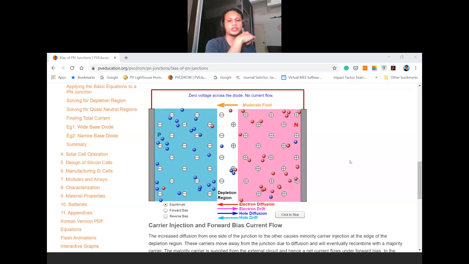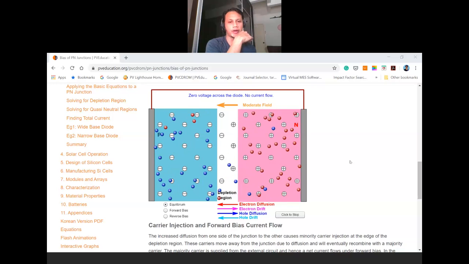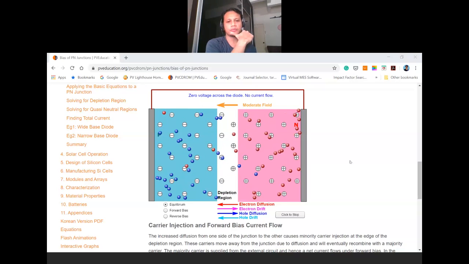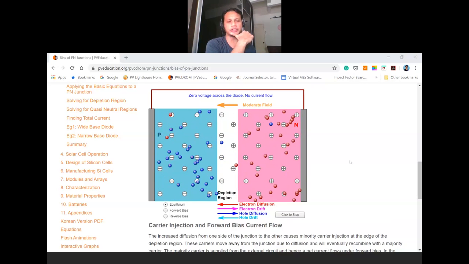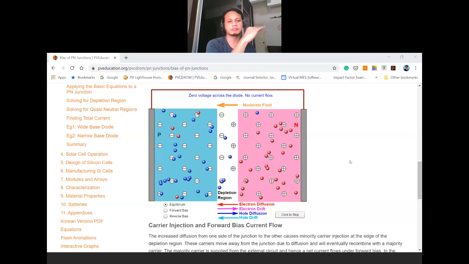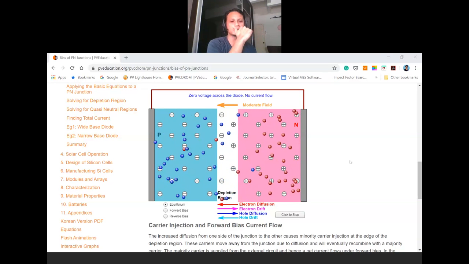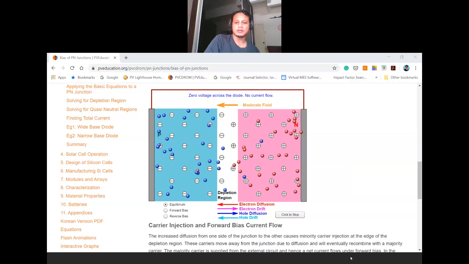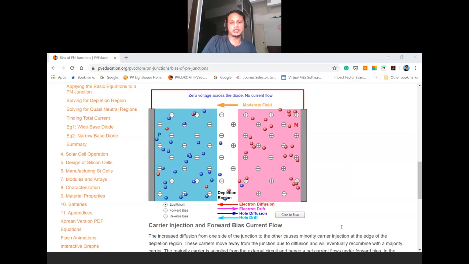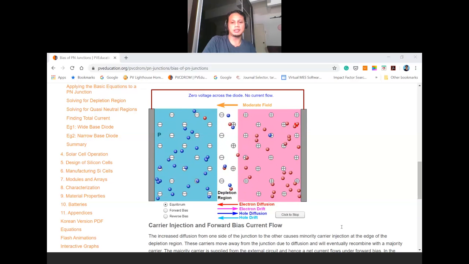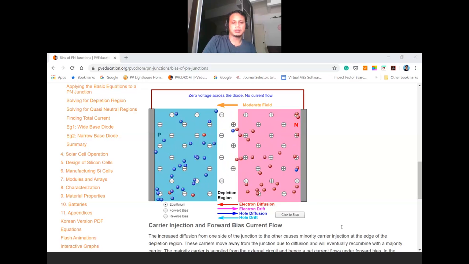Blue is in the blue region, red is in the red region, but occasionally you see some reds crossing the junction and some blue also crossing the junction. Any idea? So this is called leakage current.